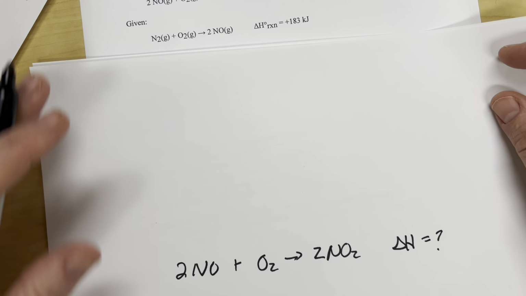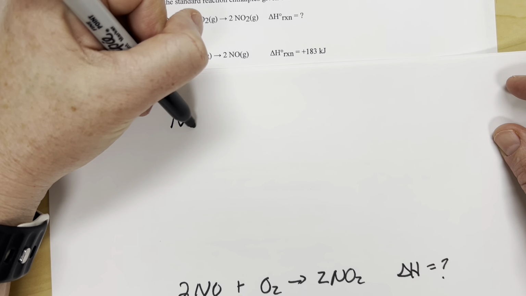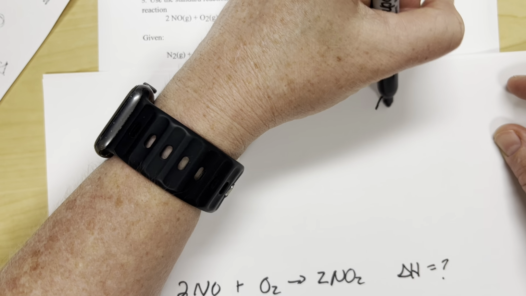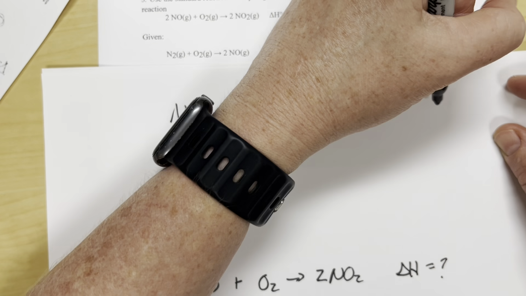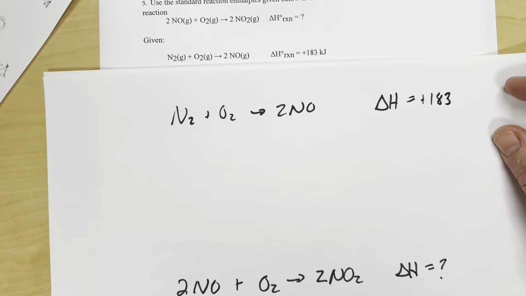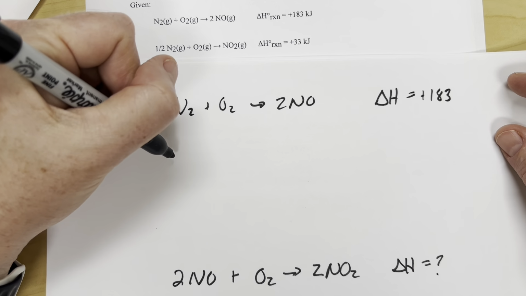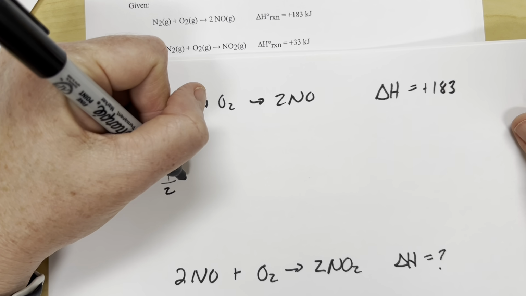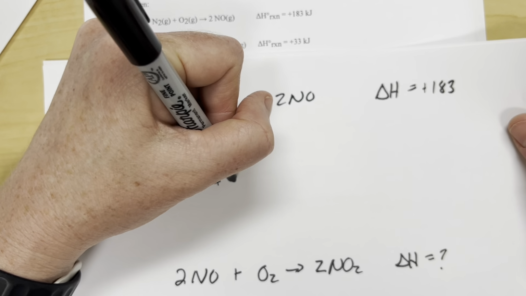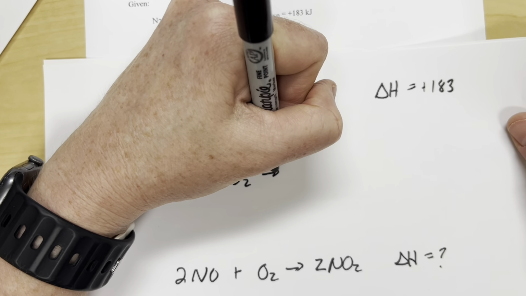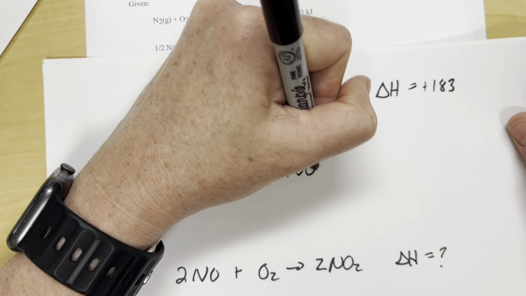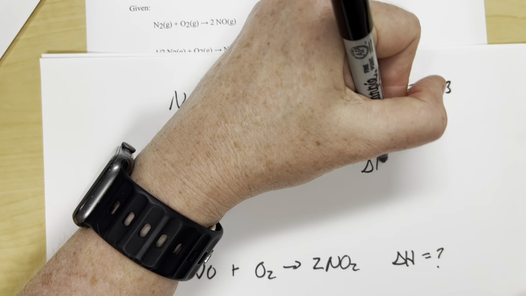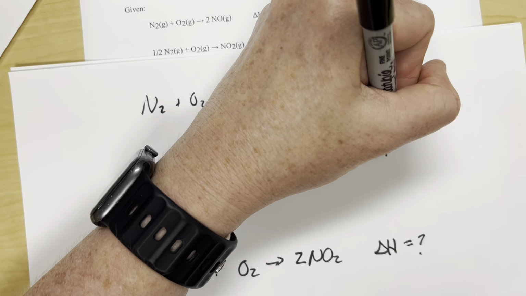But it wants me to take these two equations, the first one, N2 plus O2 yielding 2NO, where our delta H equals 183. And the second one, 1/2 N2 plus O2 yielding NO2, and that delta H equals 33.